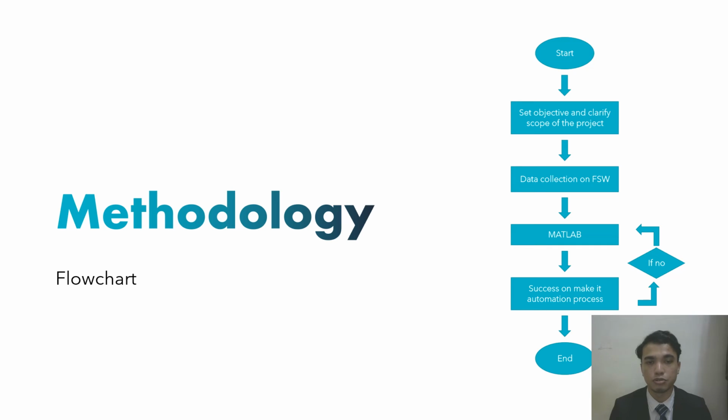Then we go through the data collection on friction stir welding, and from the data collection and signal that we get, we will make a coding in MATLAB, and if the MATLAB is a success, it can be presented in Word. If it's not, I need to adjust the coding in MATLAB. That's all for the flowchart.